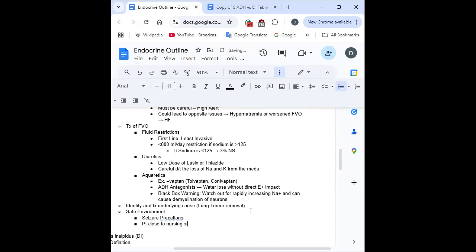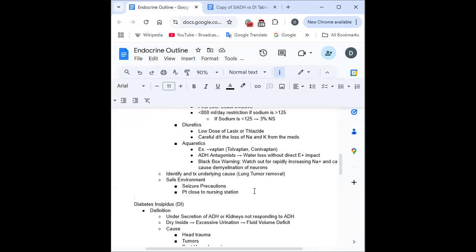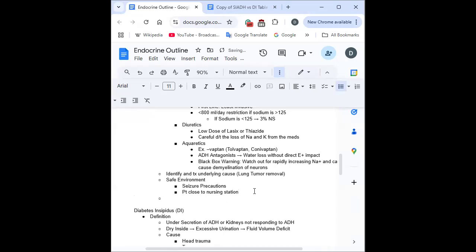near the nursing station, cluster your care, minimize the stimulation. So just ongoing assessments.